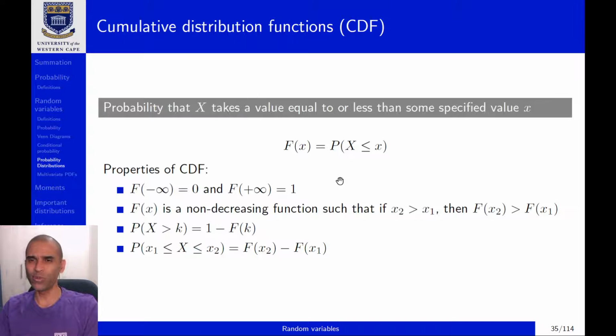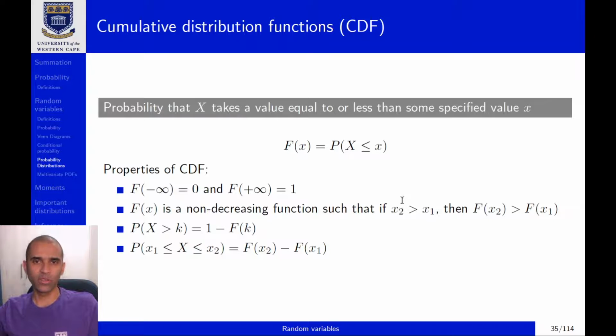This is denoted with capital F of x rather than lowercase f of x, which was the case with the probability distribution function. And here on the right hand side, instead of an equal sign between capital X and small x, we have an inequality between capital X and small x.